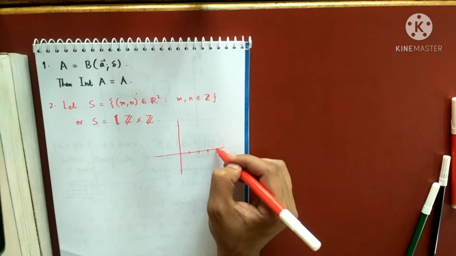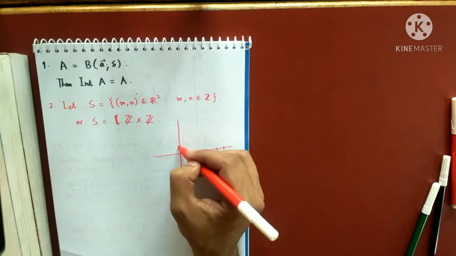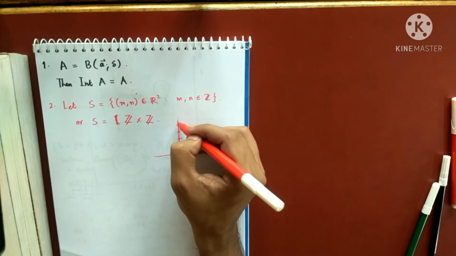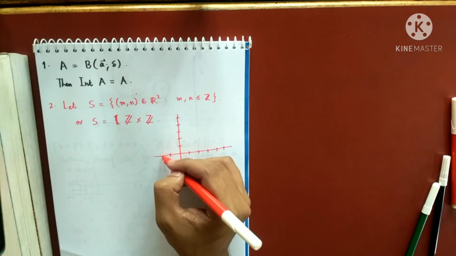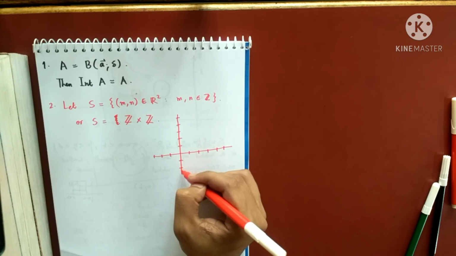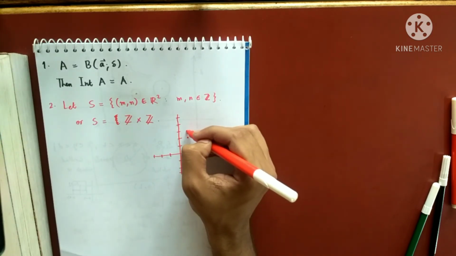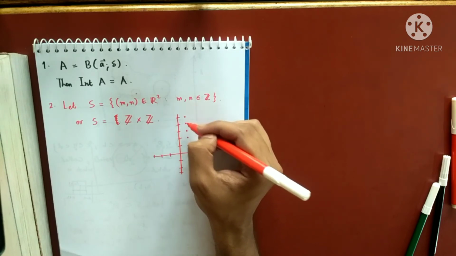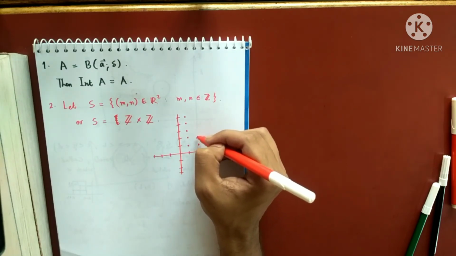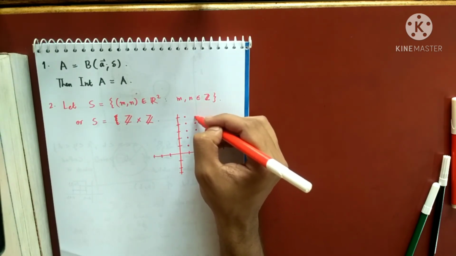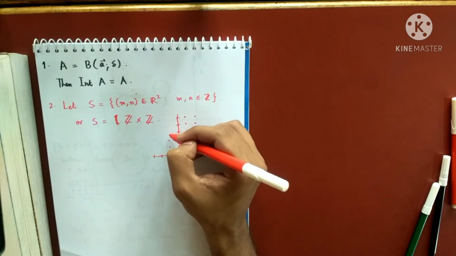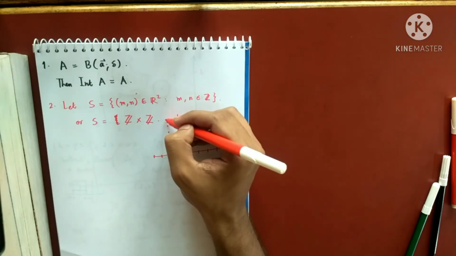1, 2, 3, 4, 5 and so on, and minus 1, minus 2, minus 3. So these points (1,1), (1,2), (1,3), (1,4), (1,5), (2,1), (2,2), (2,3), (2,4), (2,5).